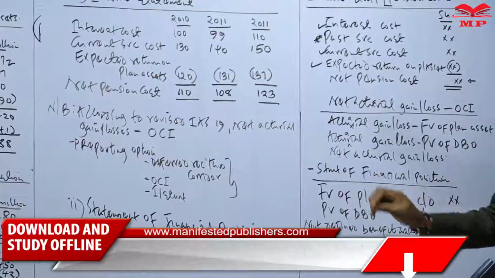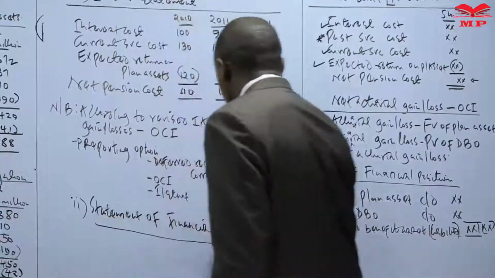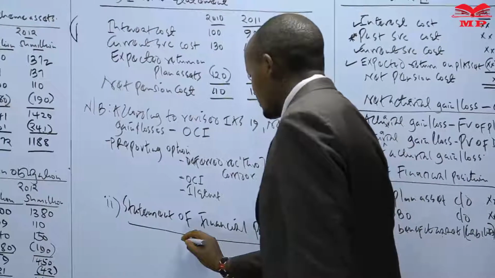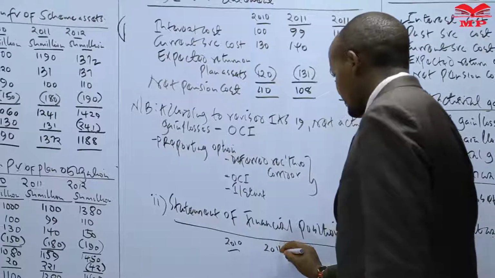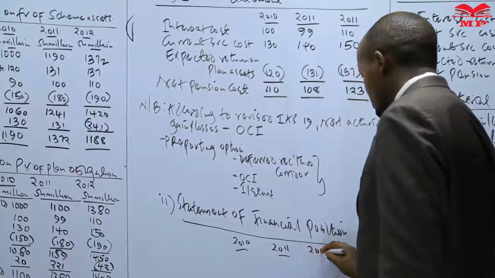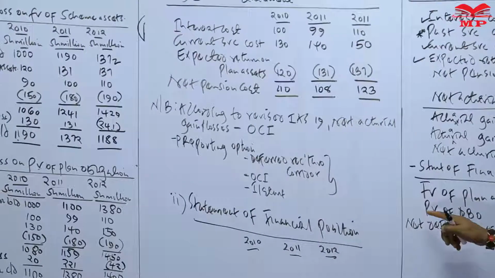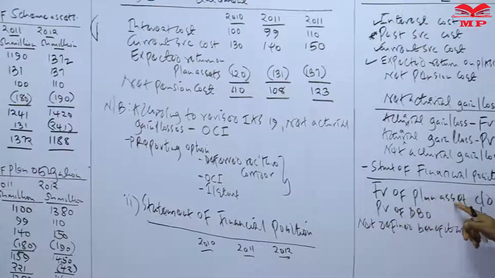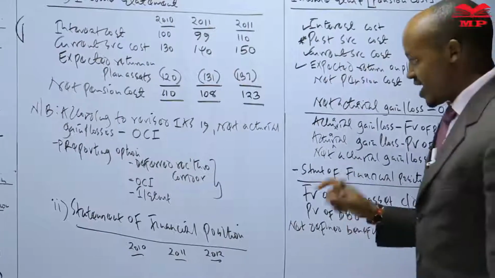So therefore, that's what we will be required now to compute for the 3 years, starting with 2010, 2011, and 2012. So what we have said is that we should compare the fair value of the plan or the scheme asset with the present value of the defined benefit obligation as at the end of the year.